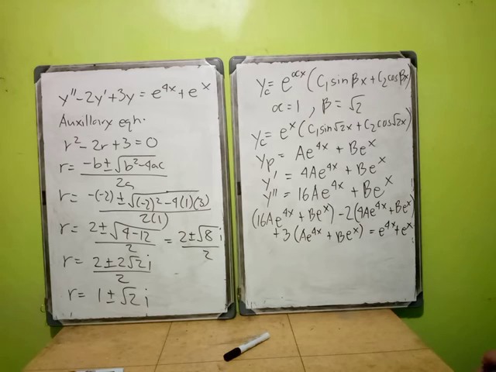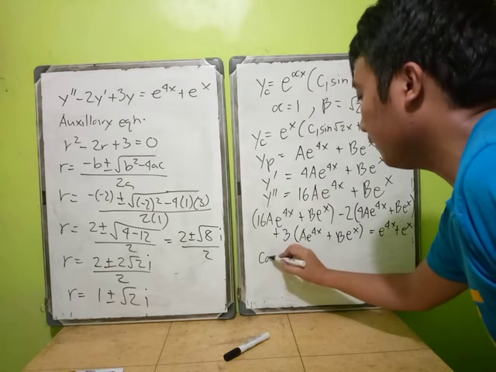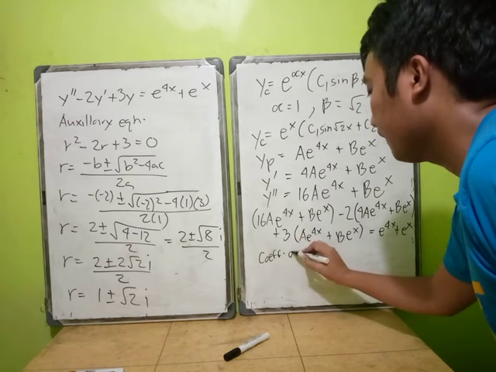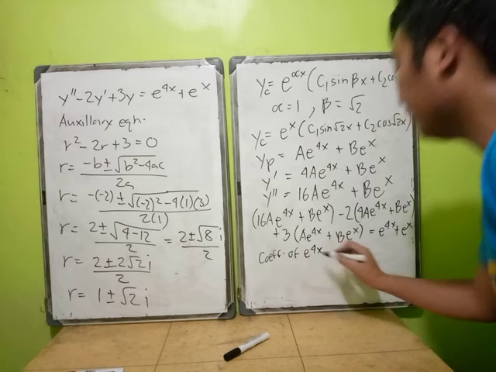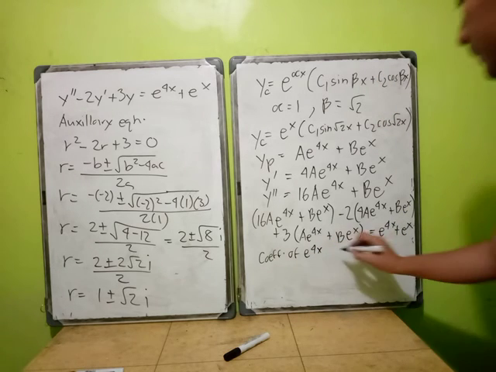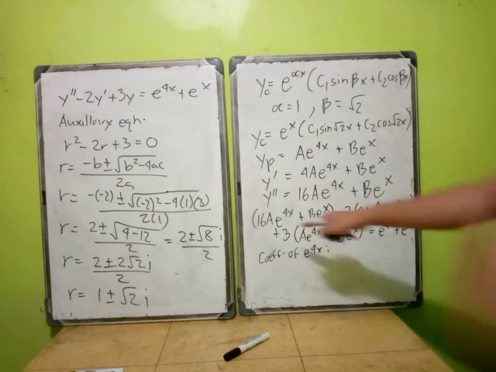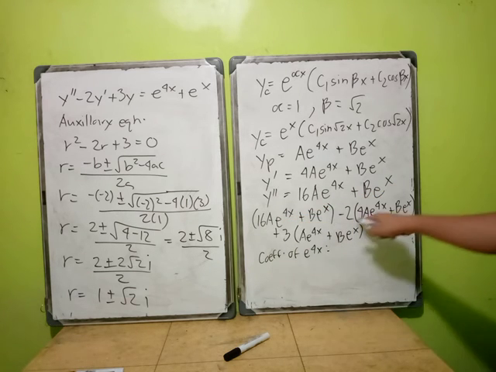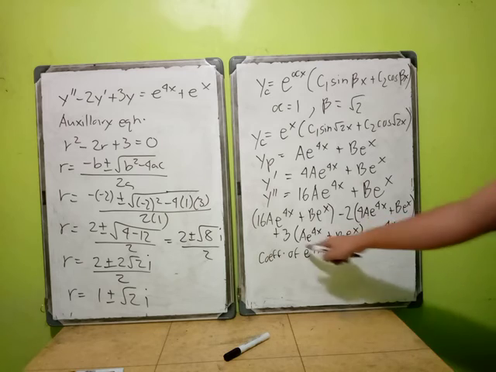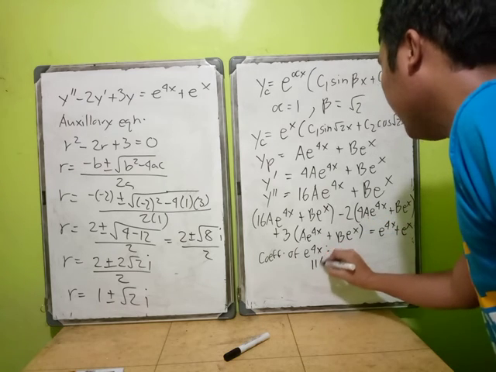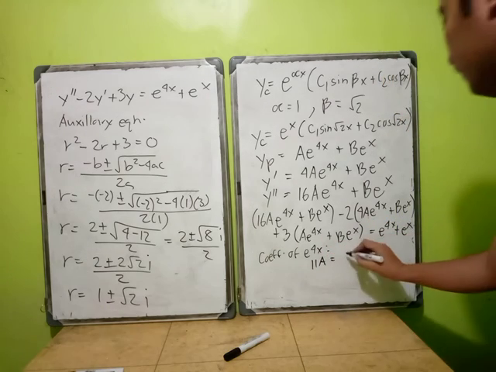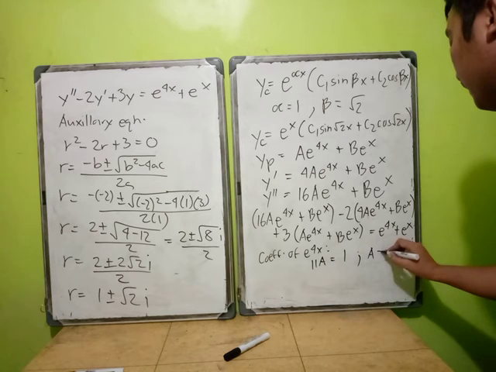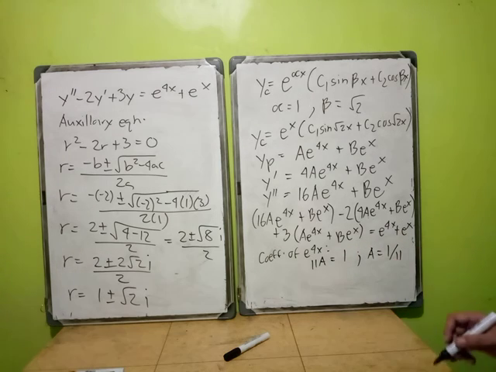So we got two coefficients, the coefficient of e to the 4x and the coefficient of e to the x. For e to the 4x here, it is 16a minus 8a is 8a plus 3a is equal to 11a. So we get 11a is equivalent to 1. Therefore, a is 1 over 11.